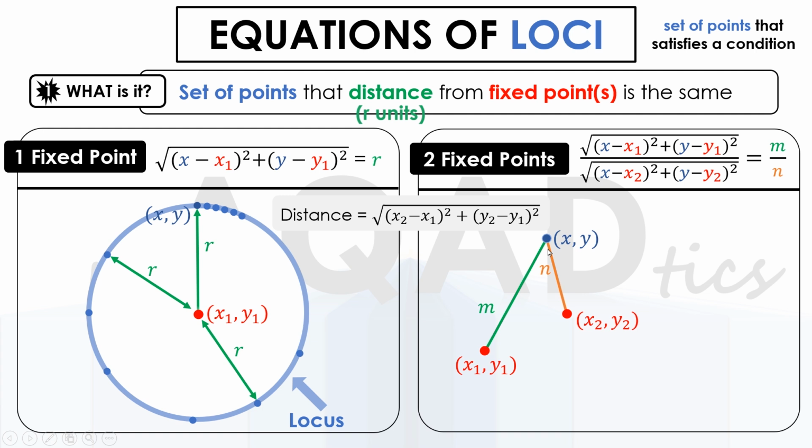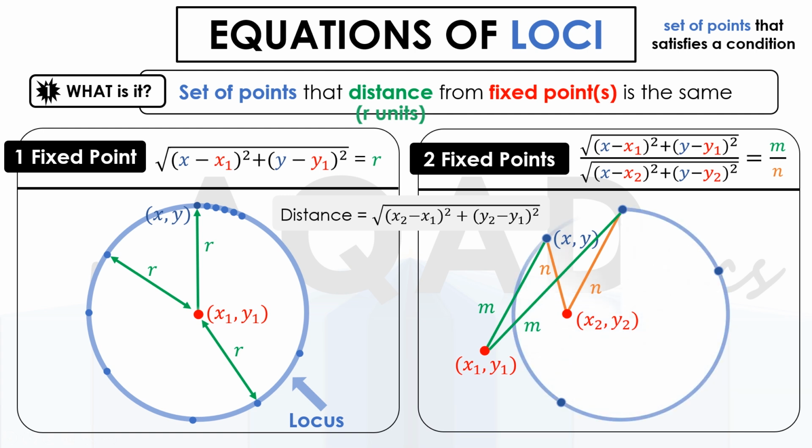You can imagine there will be a lot of points which satisfy this criteria, and if I join all of them it will also be a circle. So this is the equation of locus that I need to find.